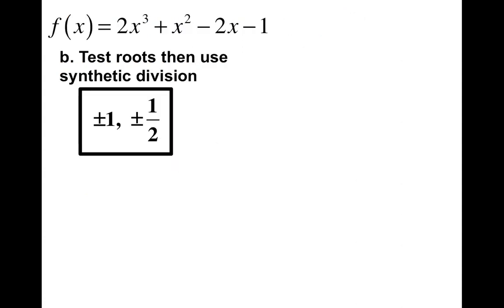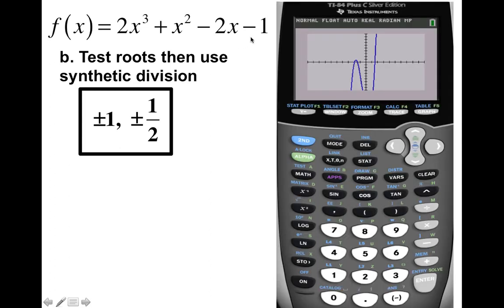So for part B, it says to test the roots and then use synthetic division. So in order to figure out which one of these numbers go into it evenly, the quickest way is to use your calculator. So type this function into your y equals, and that will create a graph that looks like this.